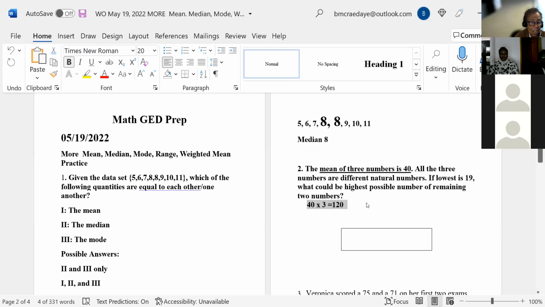Now, if your lowest number is 19, you've got three numbers. You subtract it. That's right. 120 minus 19 gives you what? It says your lowest number is 19. So 120 minus 19 is equal to what, Alba?